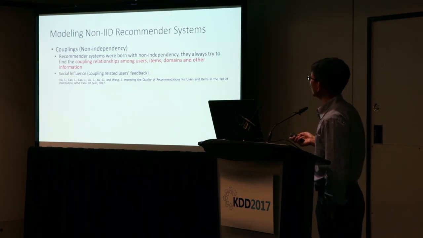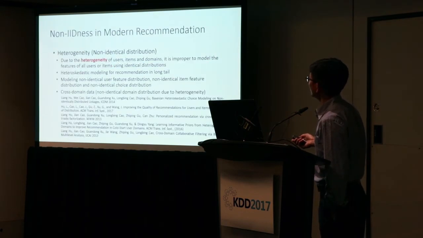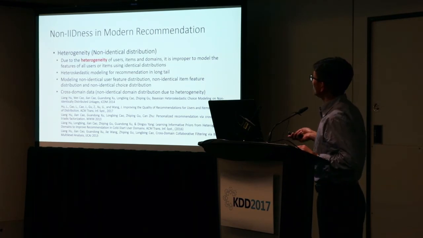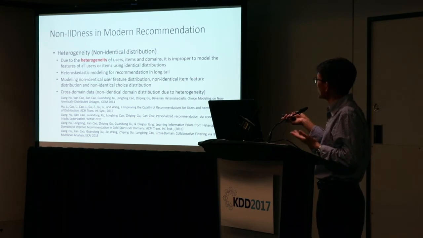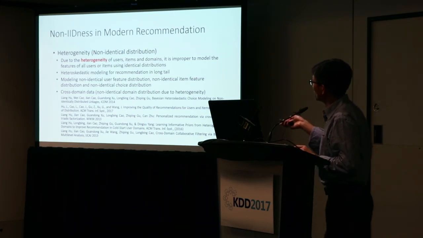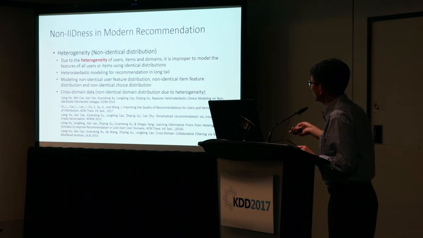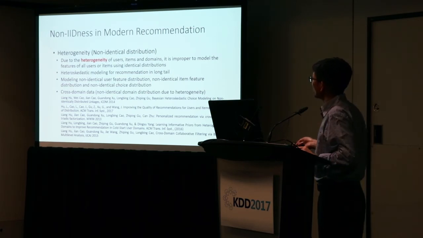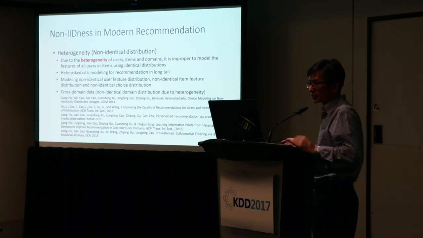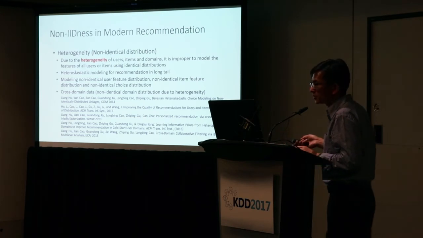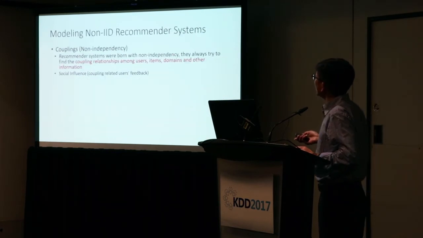One example here is that, let's see, going a little bit further, if some of you work in this area, heterogeneity is basically non-identical distribution. That heterogeneity could be on users, items, domains, and groups, etc. My group and some of my students have published papers in this area, like recently two papers with ACM Transactions on Information Systems on cross-domain, integrating heterogeneity into the recommender system.